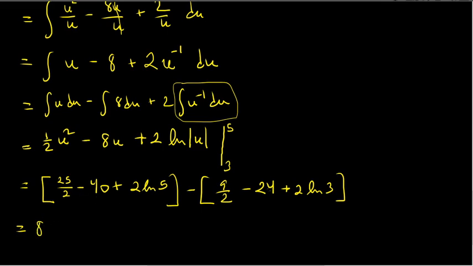And then we have negative 40 plus 24, which is 16. And then we have, well, 2 log 5 is actually the log of 25. 5 squared is 25. Plus, oh, actually minus 2 log 3 is log 9. So this is going to be 8 plus 16 is 24, plus the natural log of 25 minus the natural log of 9, or better yet, the log of 25 divided by 9.